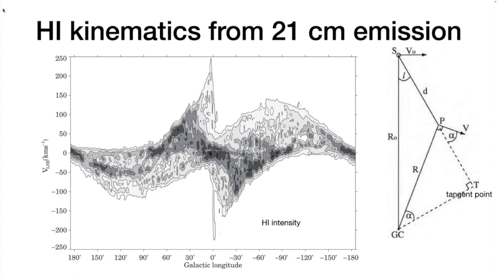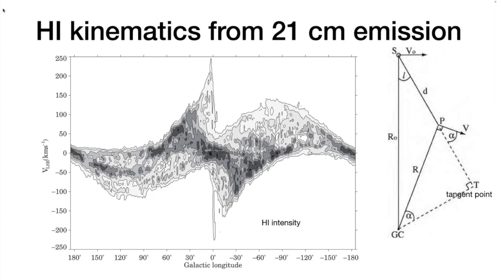But we know that R squared is equal to R naught squared minus twice R naught d cos l plus d squared. So this is this distance.